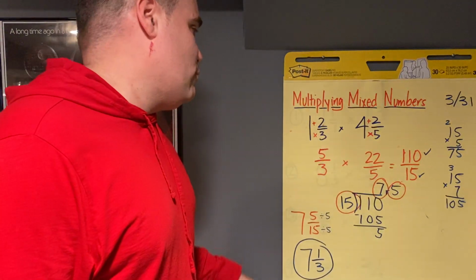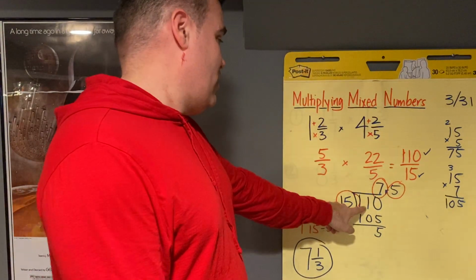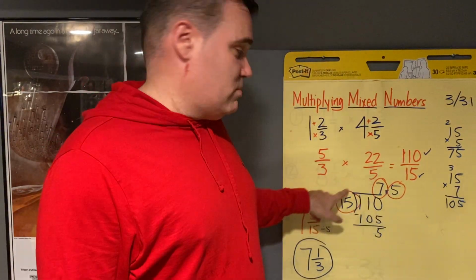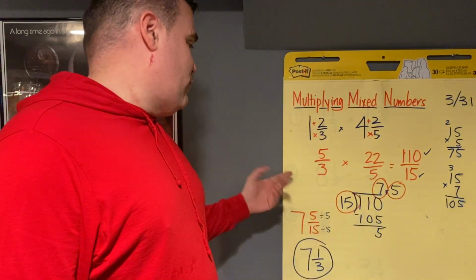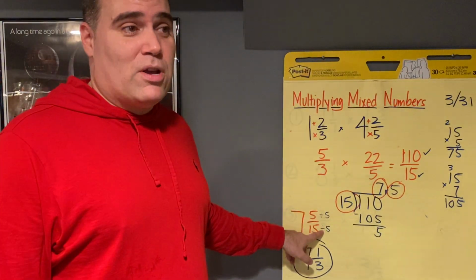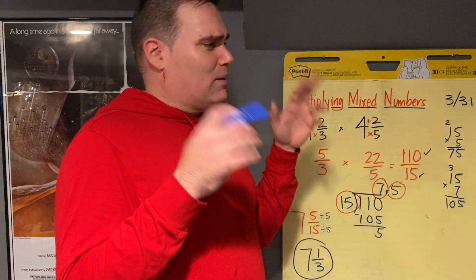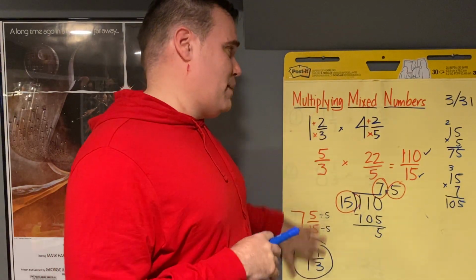We have to know how to turn it back into a mixed number, which includes some reasonably large division. And then from there, we have to be able to reduce, which means knowing our factors. So there's a lot of steps and a lot of skills all rolled into one with this type of problem.